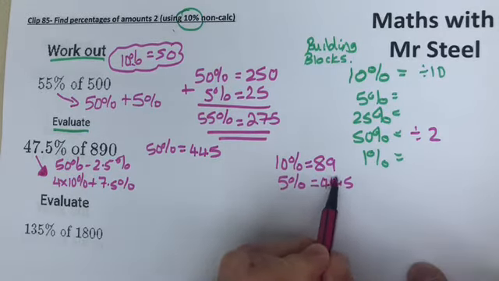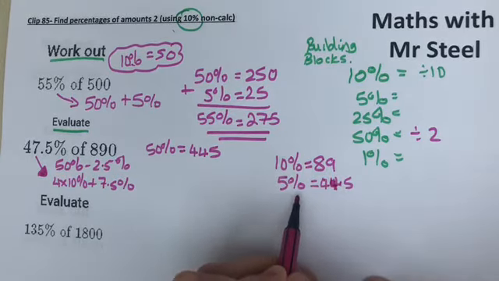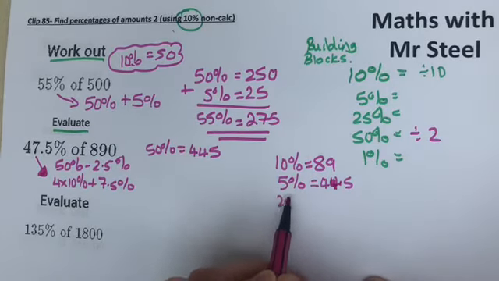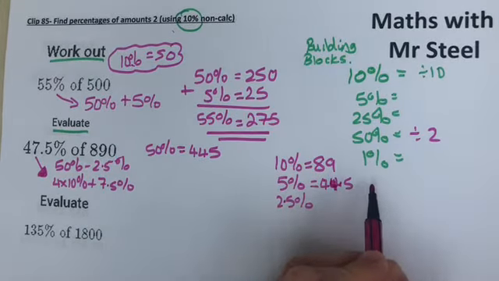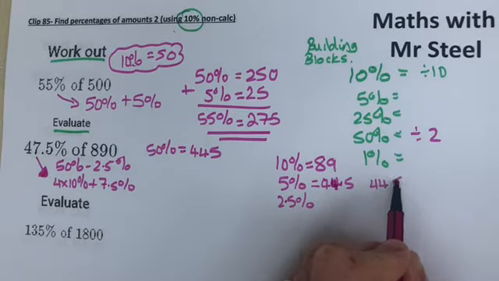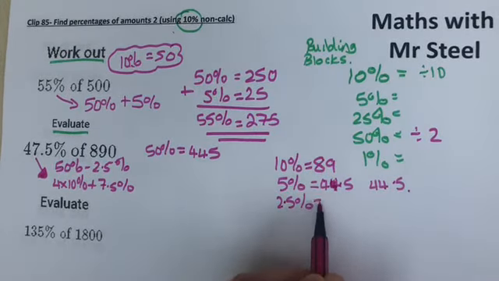So 5% is 44.5. And that means that I'm trying to find out 2.5%, so the next one. This is where it becomes more difficult. Non-calculator using decimals. So if I know that 5% is 44.5, how am I going to get 2.5%?